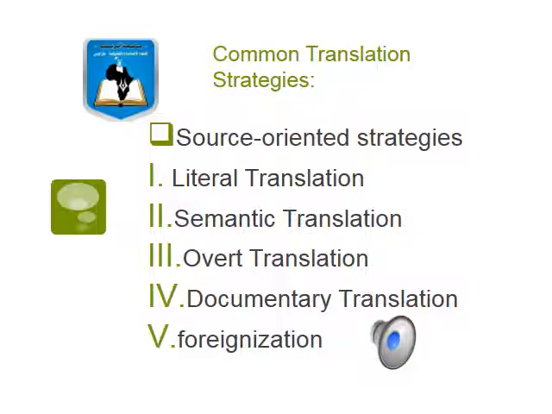A semantic translation attempts to preserve its author, his idiolect, his peculiar form of expression in preference to the spirit of his source or target language. In other words, the translator attempts, within the bare syntactic and semantic constraints of the target language, to reproduce the precise contextual meaning of the author.